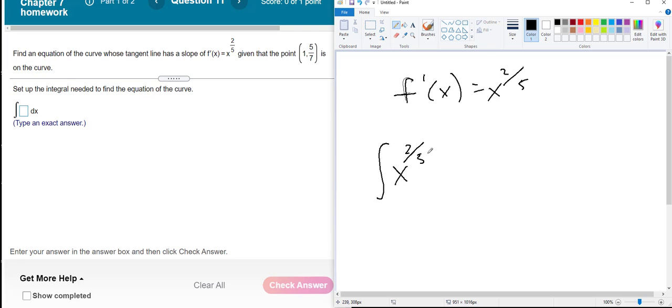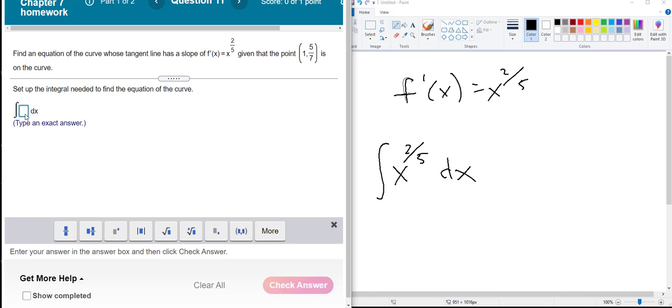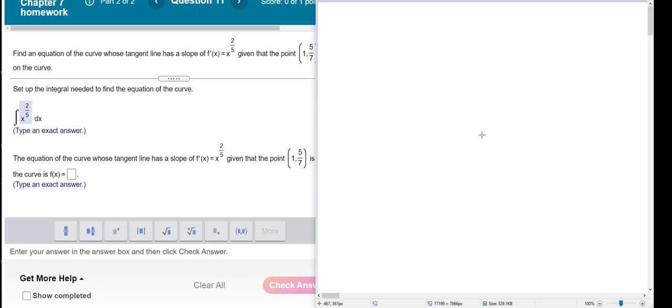to the 2/5 dx. So now we need to actually take that integral of x to the 2/5 dx.